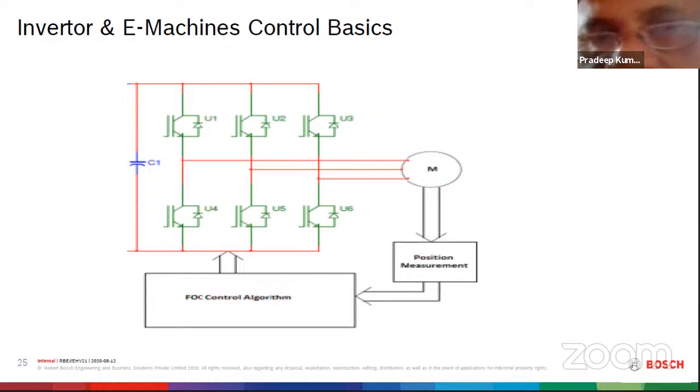You can have armature control keeping the field constant, or you can have field control keeping the armature current constant. So you are able to separate the armature current from the field current, and that is a very big advantage of the DC machine.